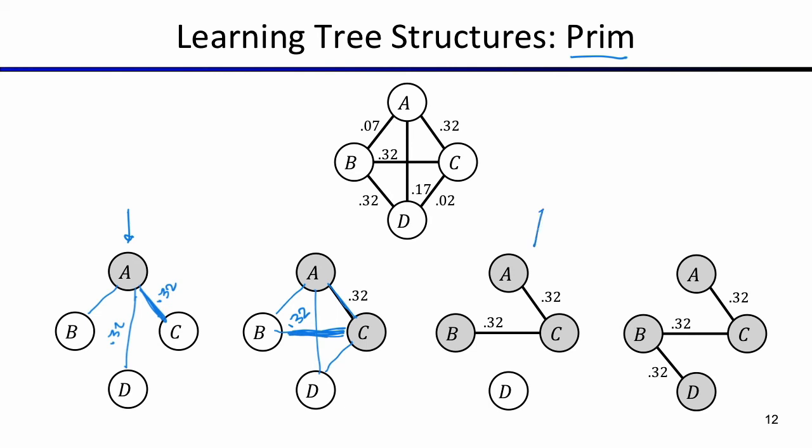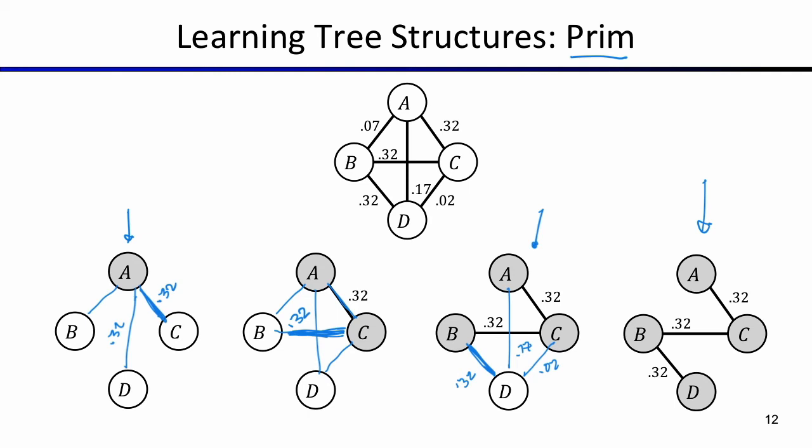Now I have this situation here, and again I look at the possible connections between the gray and the white side. We have this, this, and this. Here we have 0.32, here we have 0.17, and here we have 0.02. I'm going to select the one with the highest value, so it's going to be this one, and we end up with this spanning tree here.